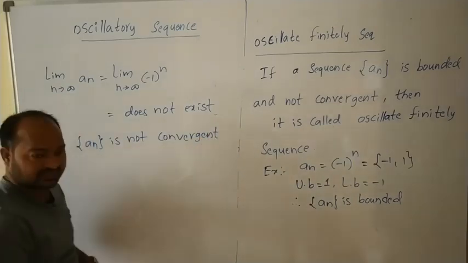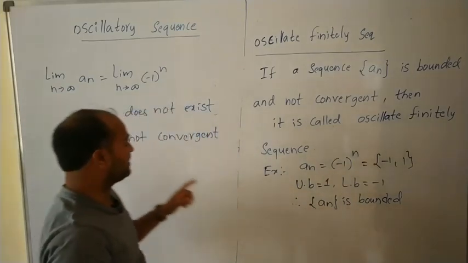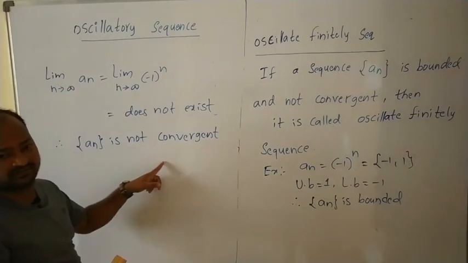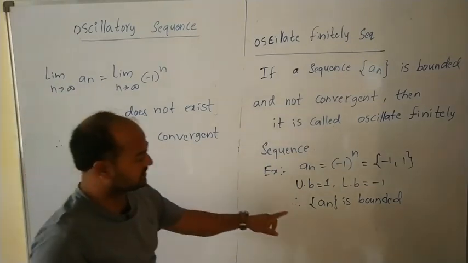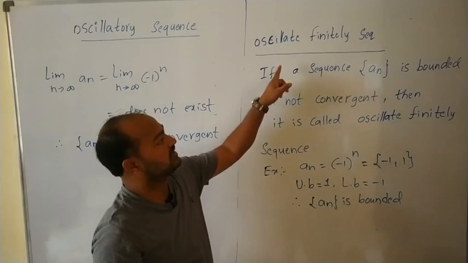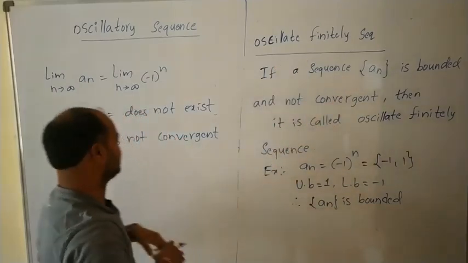If you observe, here an is bounded and an is not convergent. So we can say that an is an oscillate finitely sequence.